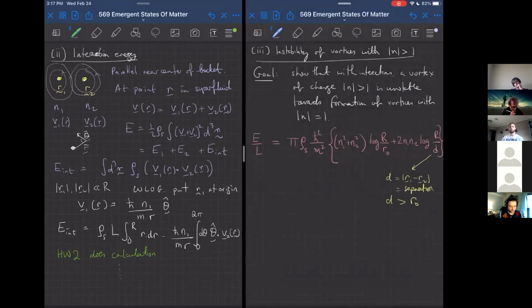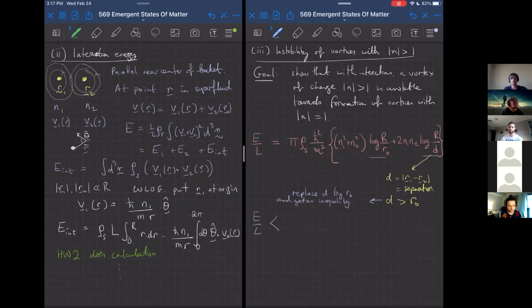So we can use that inequality to compute what we need here. So since d is greater than R0, then this formula for E over L is going to be less than what would happen if I substituted R0 for d. So the idea is then to replace d by R0 and get an inequality. And so if I replace this d by R0, then I've got this factor of log of R over R0, and I have another factor over here.